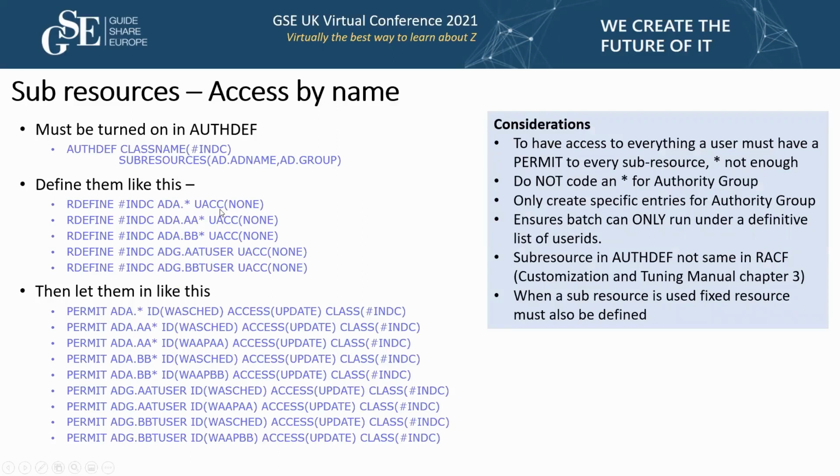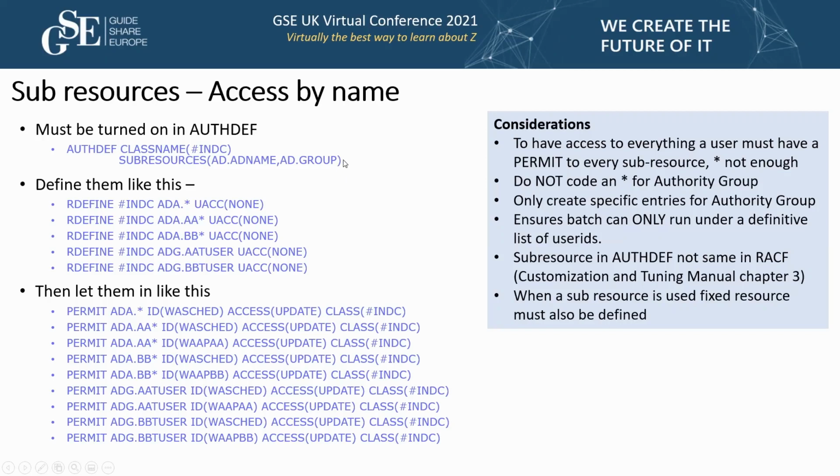But then we have sub resources, which restrict the access even further by name. So first off, you turn sub-resources on in the auth-def. So the auth-def statement says which sub-resources you are protecting under. So here we are protecting under ad.ad_name and ad.group.